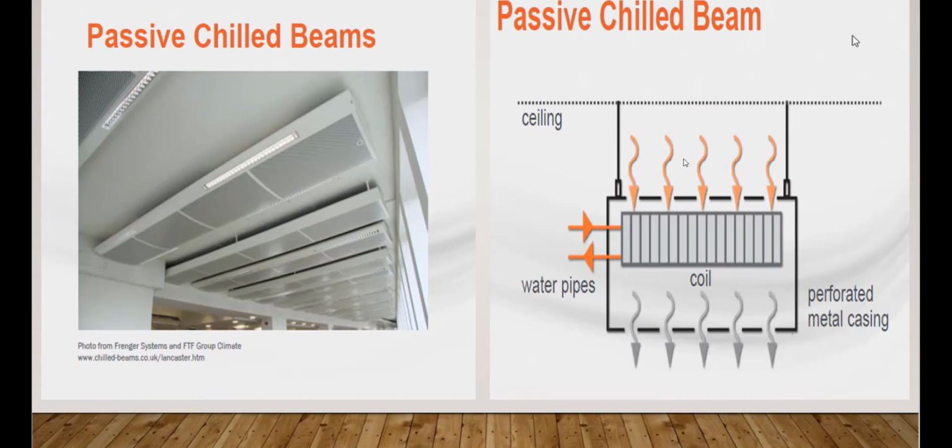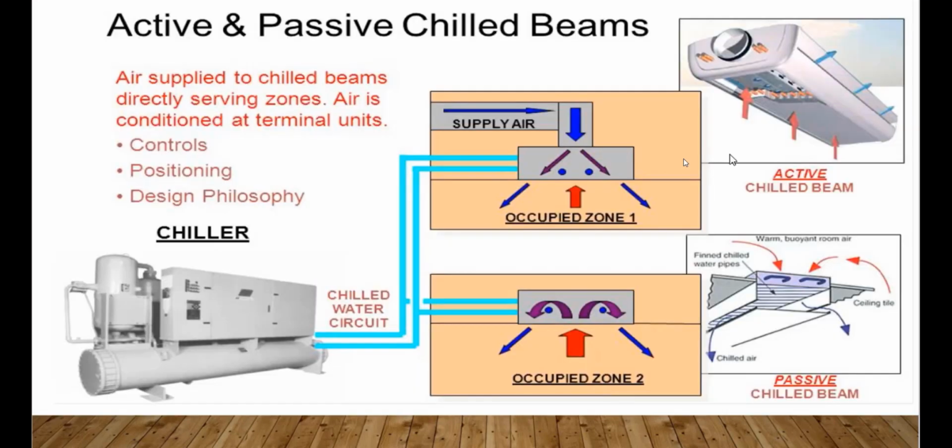The second type is passive chilled beams. The coil is also on the top of the beam, and there is a perforated part which sends the cooled air to the space, and the return comes from the back of the beam. Here is another slide showing both types of chilled water beams, how they are working.